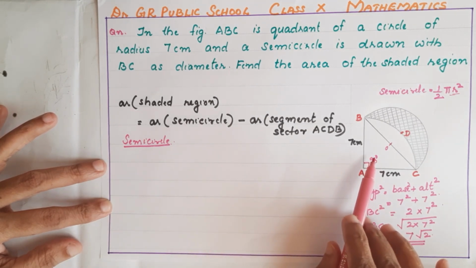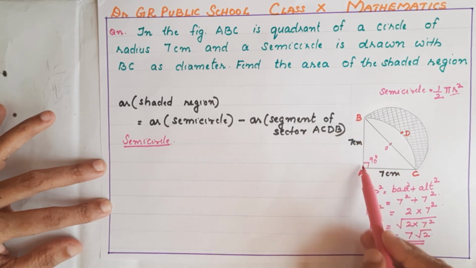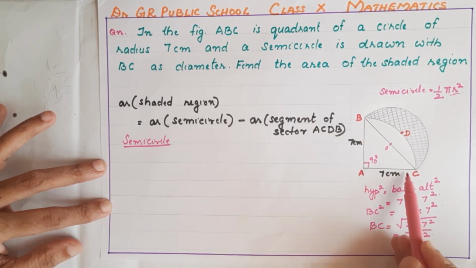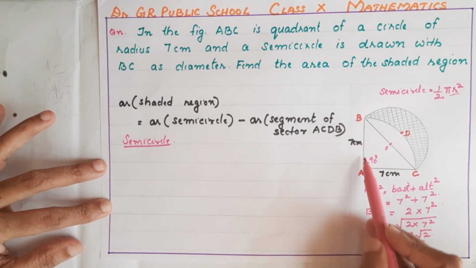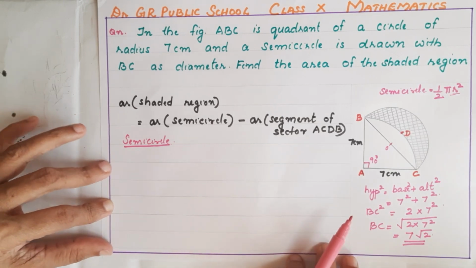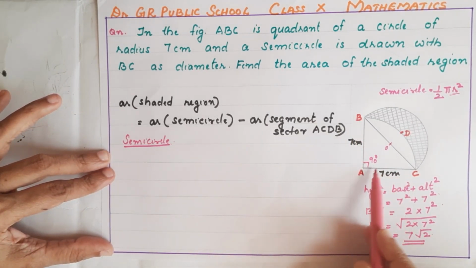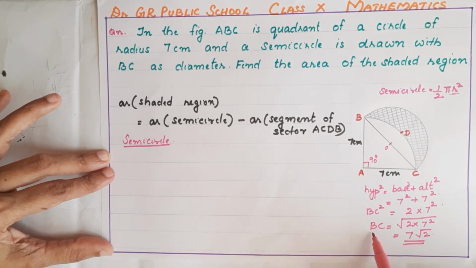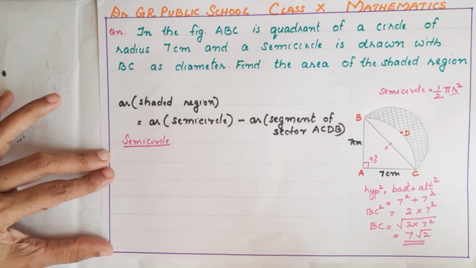What is the speciality of this right triangle? It is isosceles right triangle. Two sides are equal. Base and altitude are equal. So if base and altitude are equal, we can write the hypotenuse easily. How? See, base and altitude are 7. So what is the hypotenuse? That's 7 into root 2.